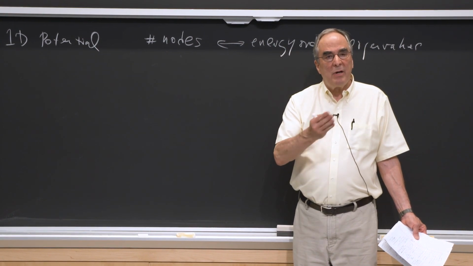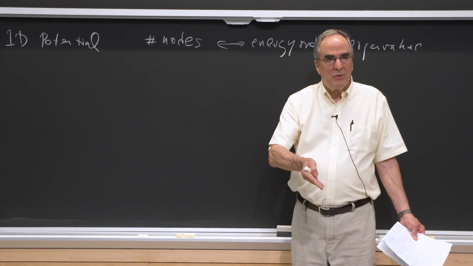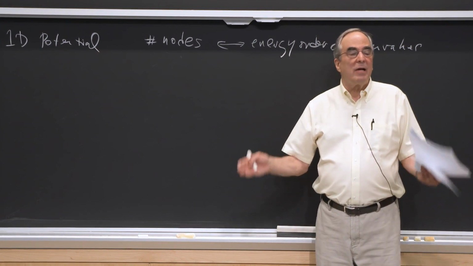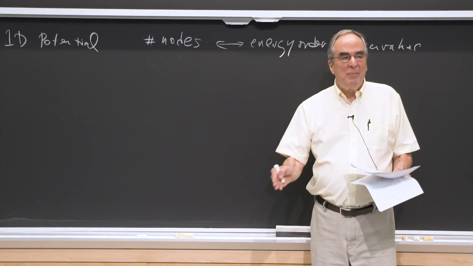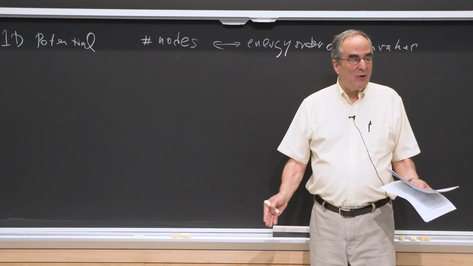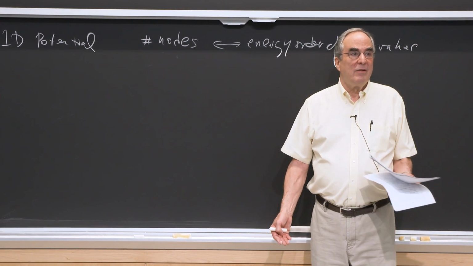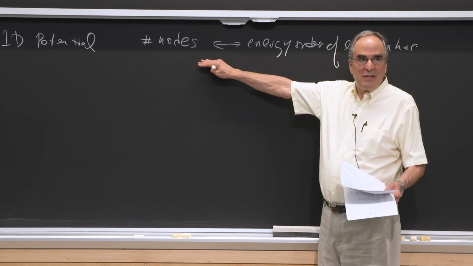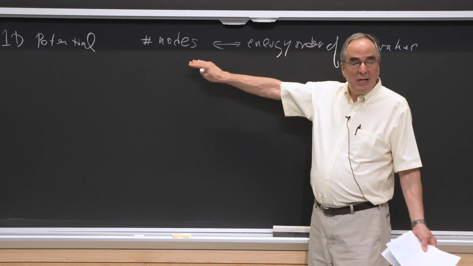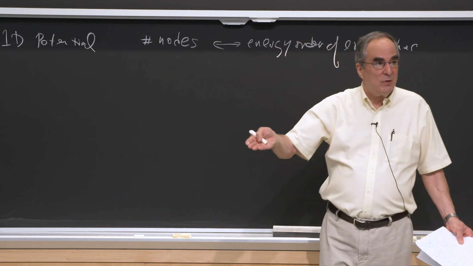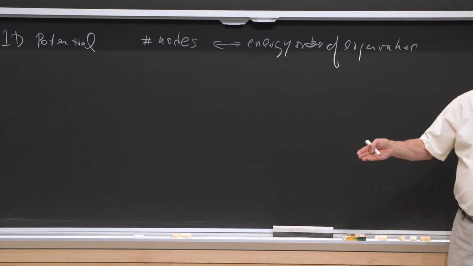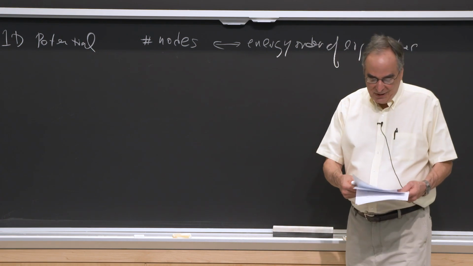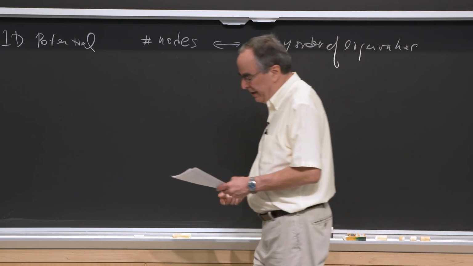The next state up has 1 node, and the next state has 2 nodes. So by counting the nodes, you know what the energy order is of these eigenvalues, which is also an extremely useful thing if you're telling your computer to find the 33rd eigenvalue of something. You just run a calculation. It solves for an approximate wave function, and the 33rd needs 32 nodes. And so the computer says, oh, thank you, master, and here is your wave function. But you have to find the right thing.